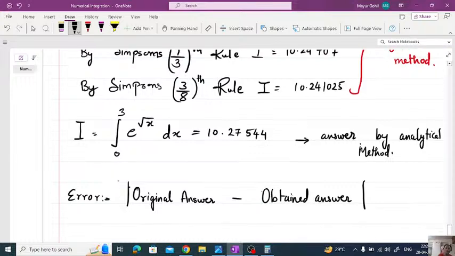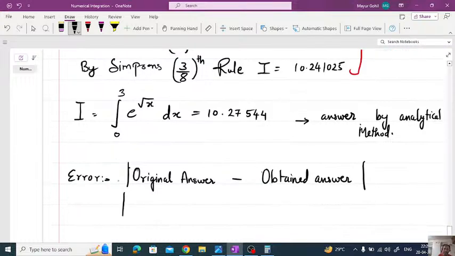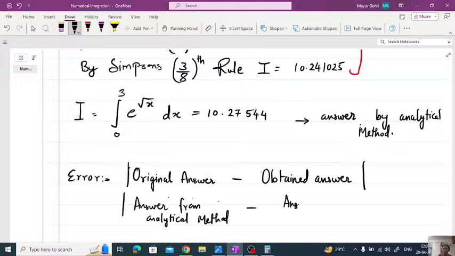This original answer is the answer from the analytical method, minus the answer from the numerical method.